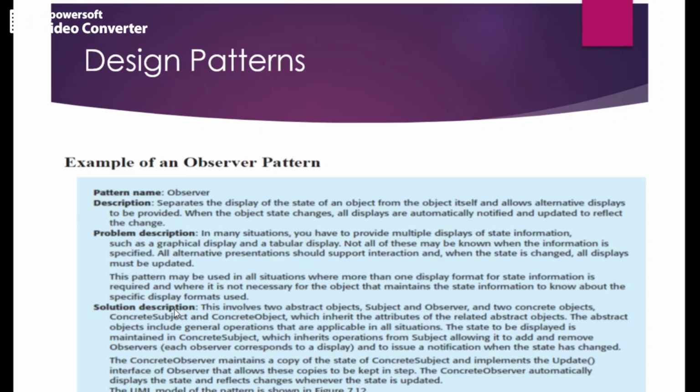Next is the solution description. We are describing the solution here, that is the third element. The first one is the pattern name, the second one is the description, the third one is the solution description.